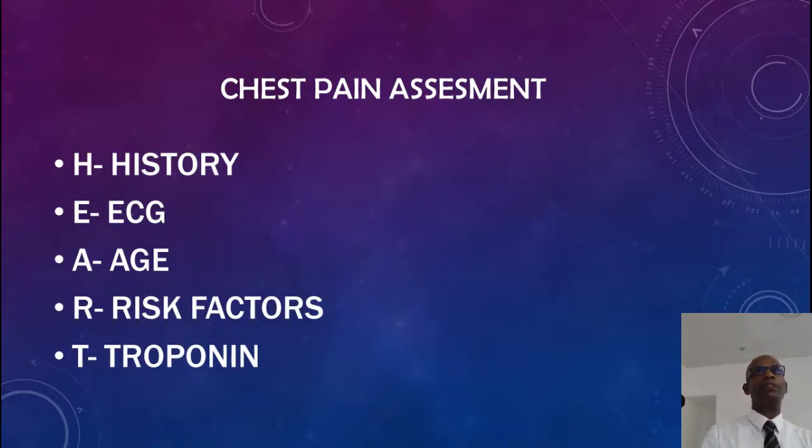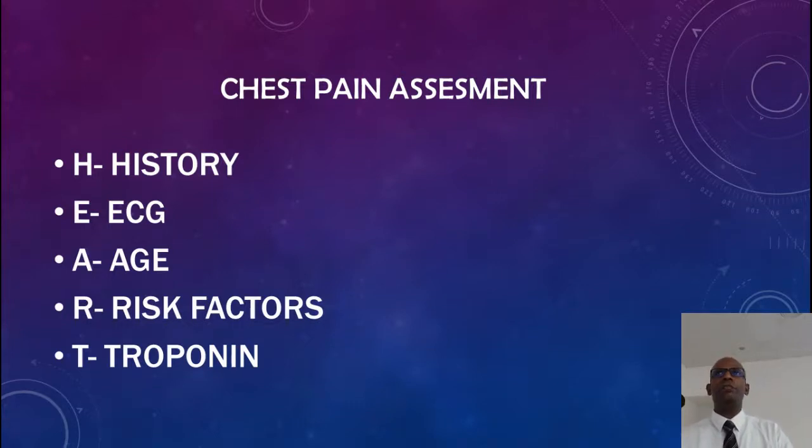The history, which we discussed: the pain site, radiation and its character, as well as the associated symptoms, aggravating factors and relieving factors. And we have to know whether the patient had past events of cardiovascular problems like MI or any stable ischemia. It also includes the family history and other risk screening.